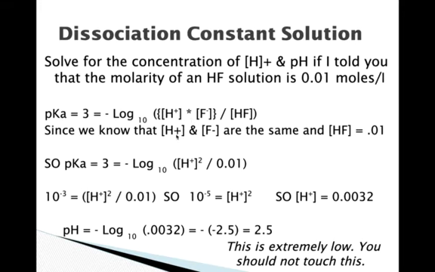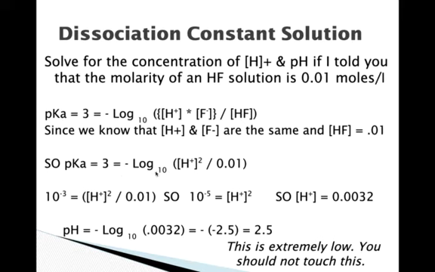So we know these numbers are going to be equal. We can do that since it's the same number going in here, divided by our concentration of hydrogen fluoride in the solution. Now we have everything we need to solve this for the concentration of hydrogen ions.